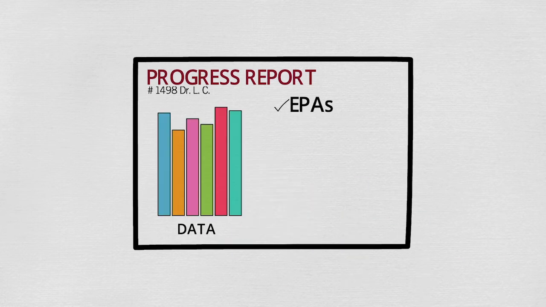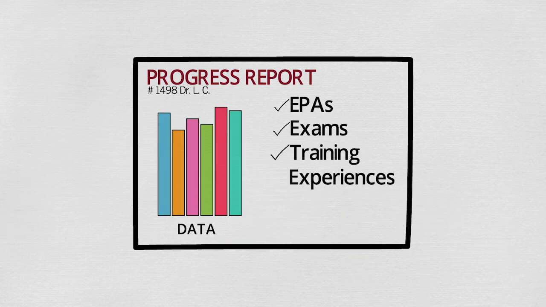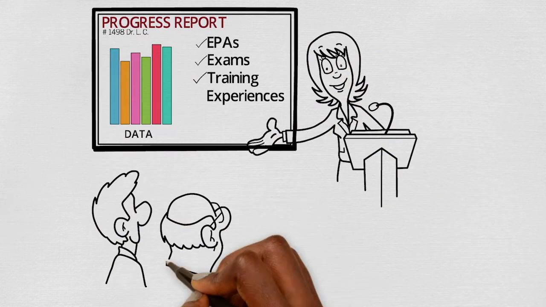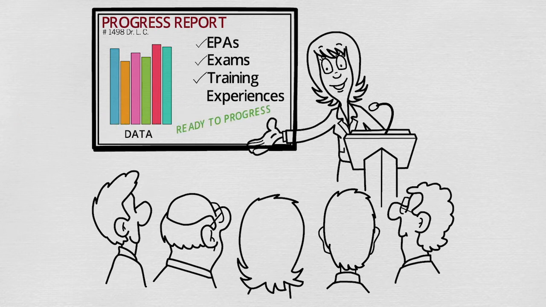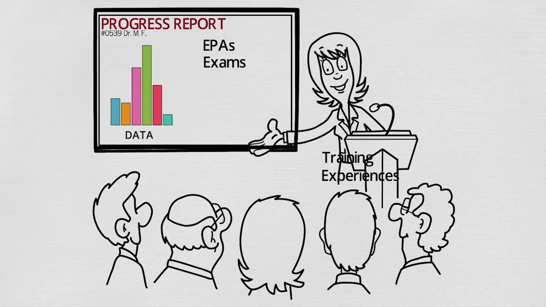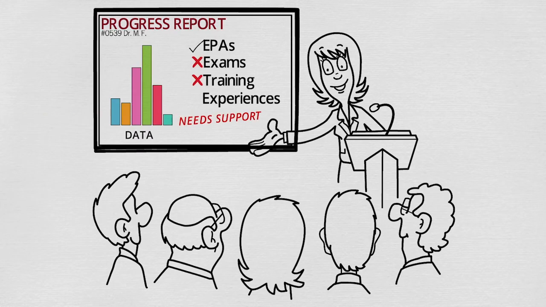In CBD, we want to ensure that each resident can completely perform key tasks. By tracking them, our competency committee will have information to confirm who is making progress as expected, and to identify early on if someone needs extra support in a given area.